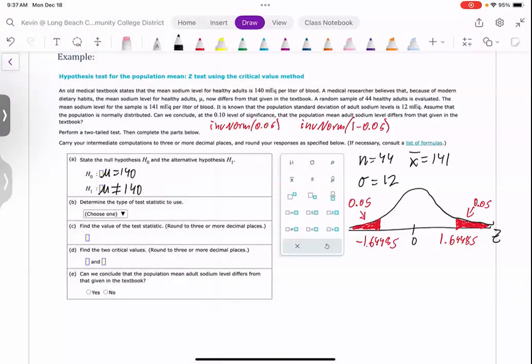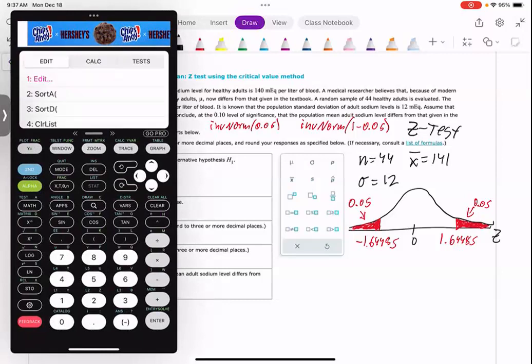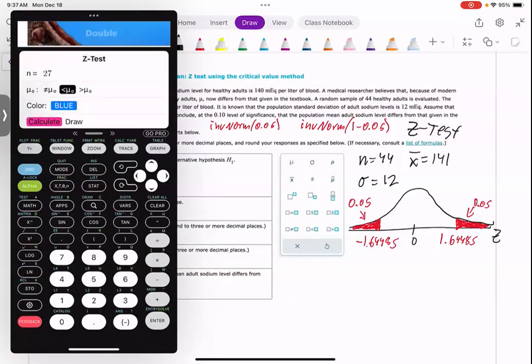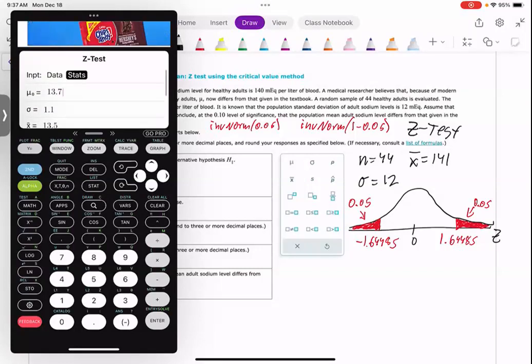We are going to be using a z-test because the population standard deviation is known. And so we are going to be running, once again, a z-test. So stat, tests, z-test. And let's go to the top here.